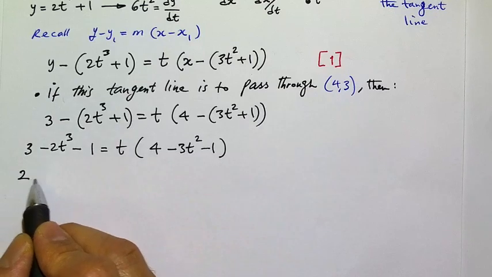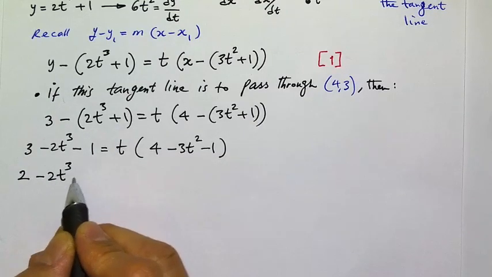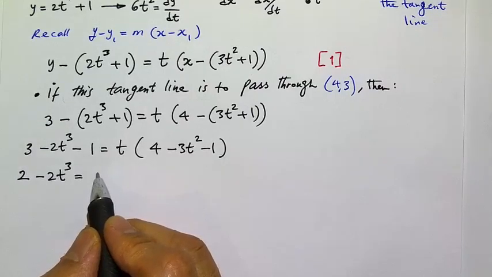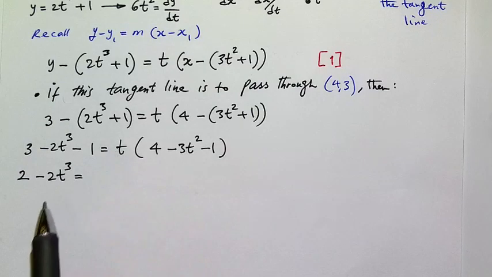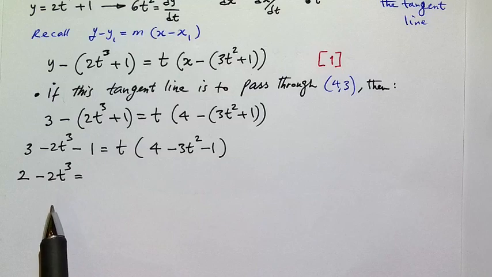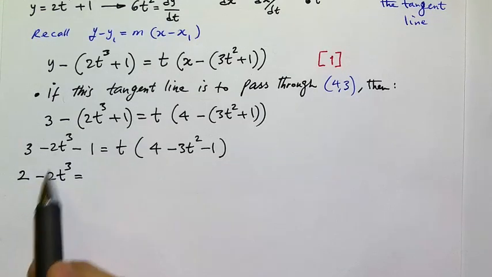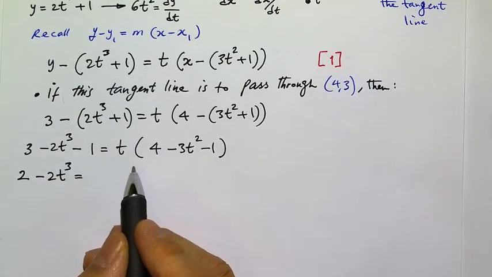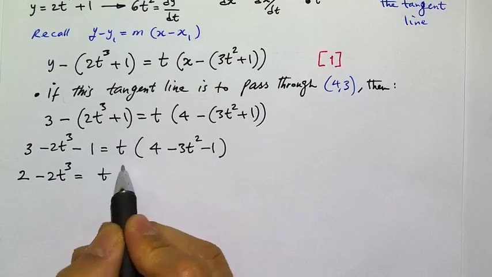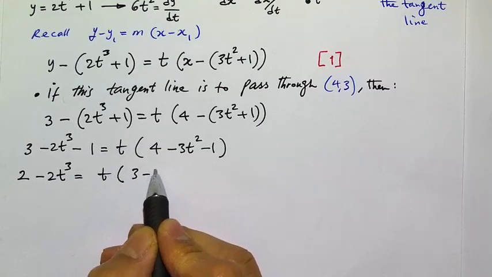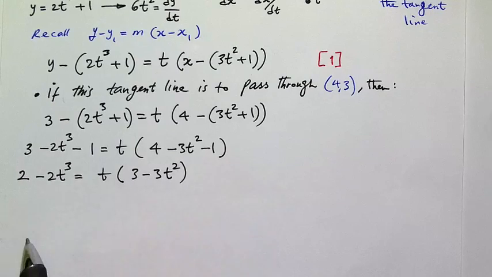Then we have 2 minus 2t cubed equals, so we have, let's see, so that's 3 minus 1 is 2, and then we have 4 minus 1 is 3, so we have 3 minus 3t squared.